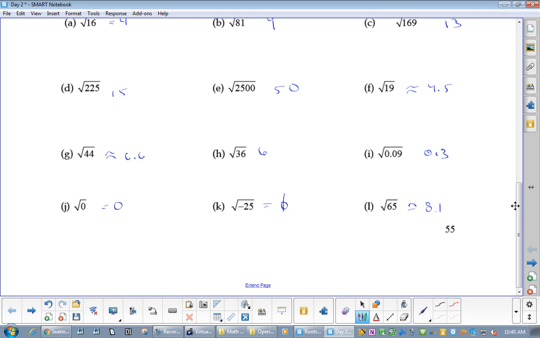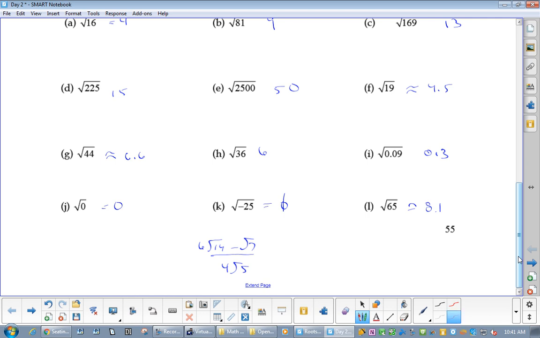Okay, now how about, what if I gave you this? 6 root 14 minus root 7 all over 4 root 5. So that one's weird, hey? But how would you do it?